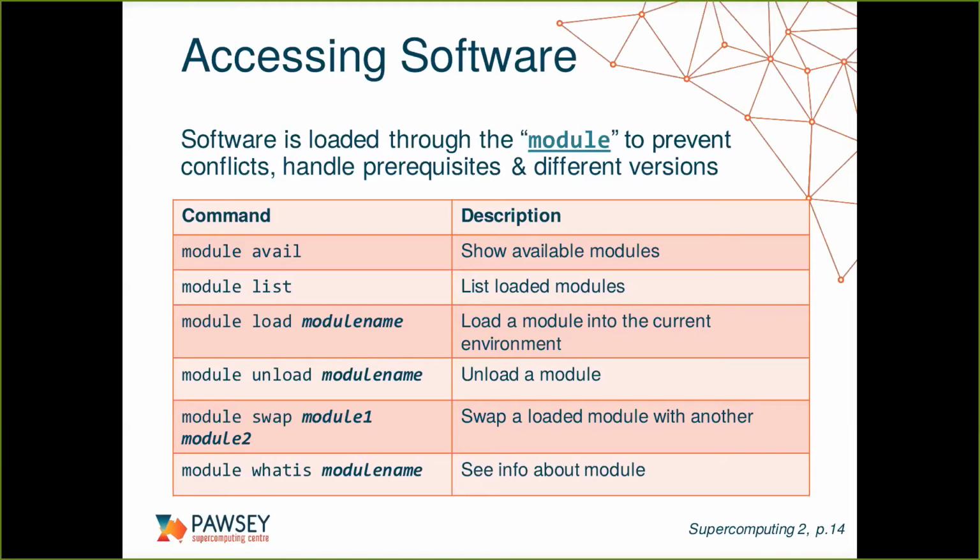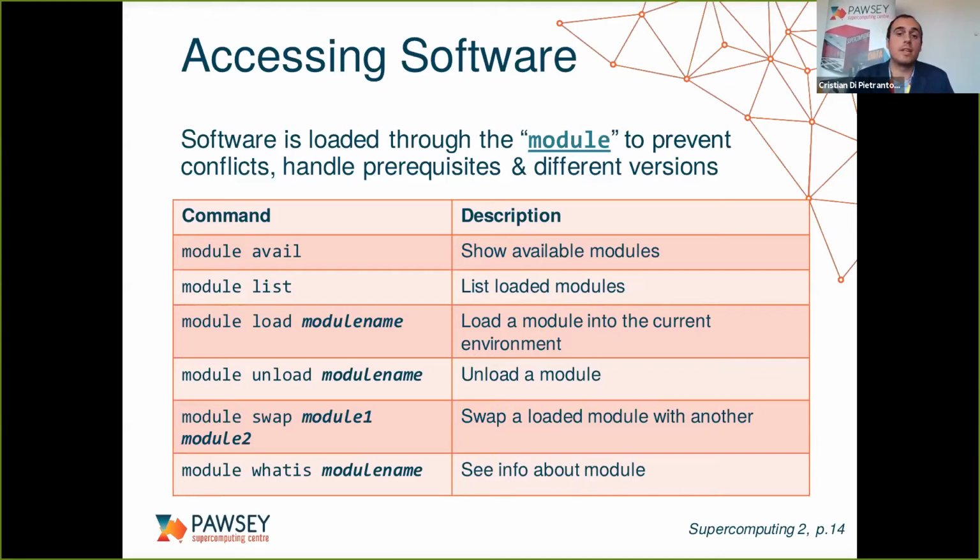To decide which installation of the software to execute, there is the module system. The module system allows for a specific installation of software to be used. Each software installation comes with a so-called module that, when loaded, will make the installation visible to the user.